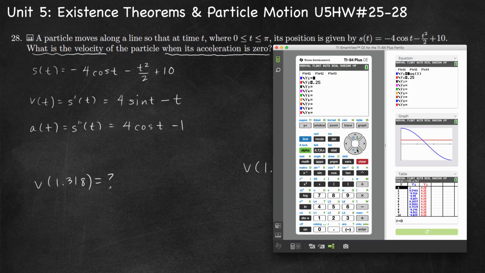I need to enter my velocity equation now. My velocity equation is 4 times the sine of t minus t. And I want to find the value of that function at 1.318.